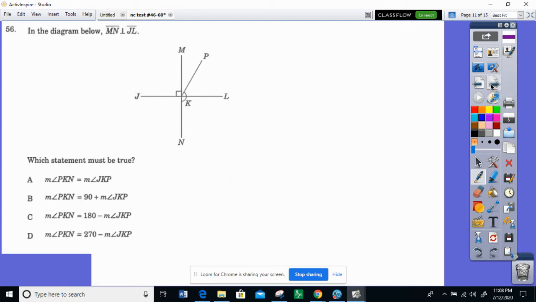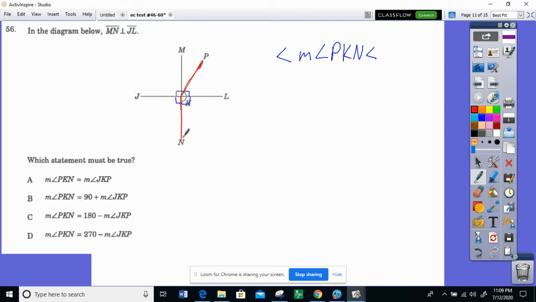Okay, it says segment MN is perpendicular to segment JL. So we have 4 right angles right there. All of these statements have to do with the measure of angle PKN. And the best way for me to think about this question is to say, well, angle PKN right here is very clearly bigger than 90 degrees.